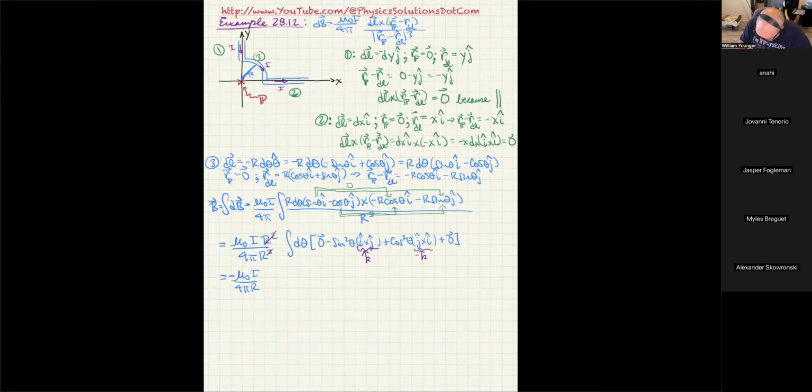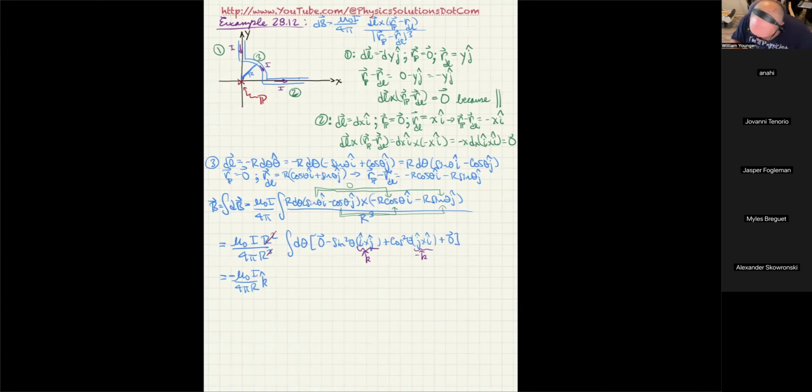So with that in mind, you see that we now have a negative sine squared theta k hat plus or minus cosine squared theta k hat. So I just pulled the negative out in front because each of them has a negative, and I'm pulling the k hat out in front because each of them has a k hat.